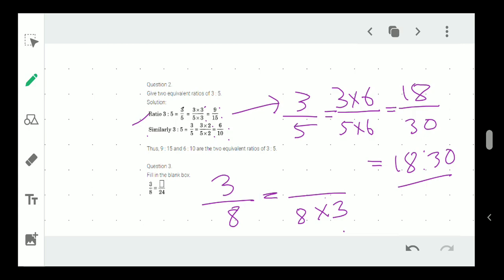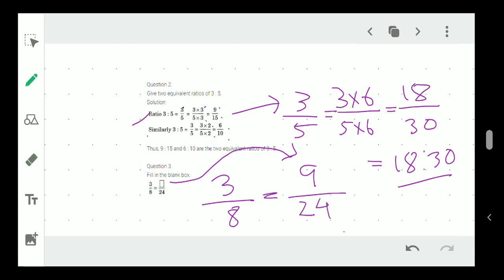Now 3 has to be multiplied with the upside also, but the upside already had 3, so this would be 3 into 3. So ultimately in place of this box there will be 9, and 8 threes are 24 on the downside.